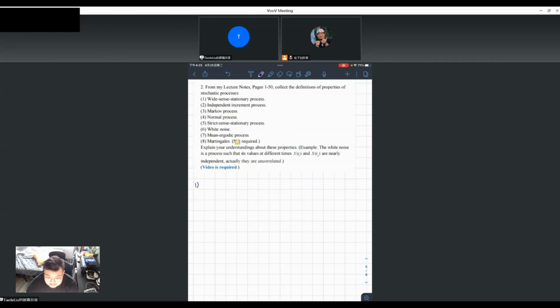From the lecture notes, we can say it's WSS if its mean, the expected value of X(t), is equal to a constant, and its autocorrelation depends on t1 minus t2 only.